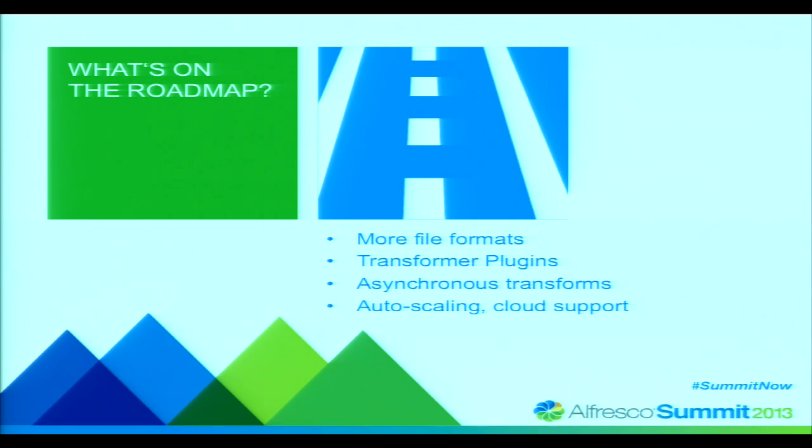Alfresco is also working on a new transformation architecture, mainly to support all of these new content types that take huge processing power. So the idea is to add auto-scaling cloud support. That means that if you have a massive upload somewhere, if there's lots of content coming in from your scanner or your other content sources, then it will automatically spin up a number of transformation servers to make sure that this gets handled very quickly, and will scale down automatically again once your high peak load has been processed.